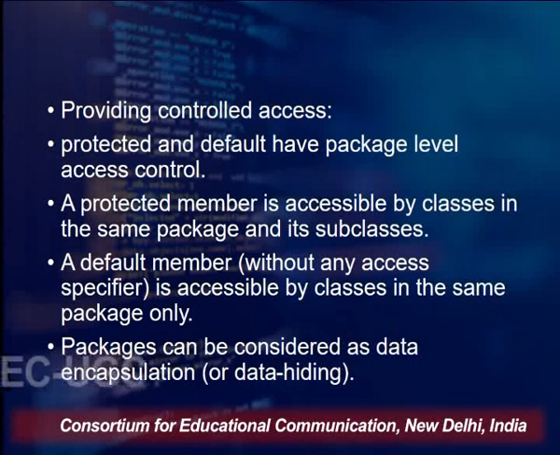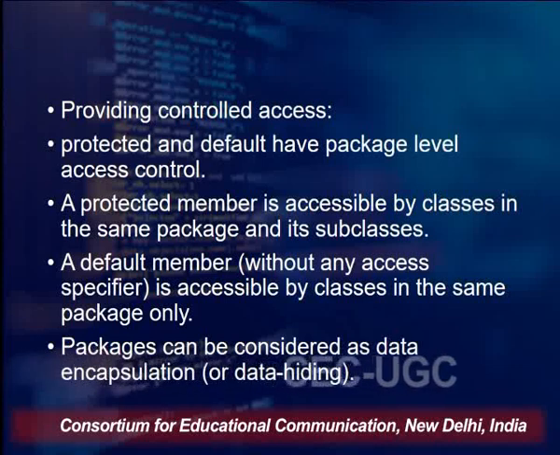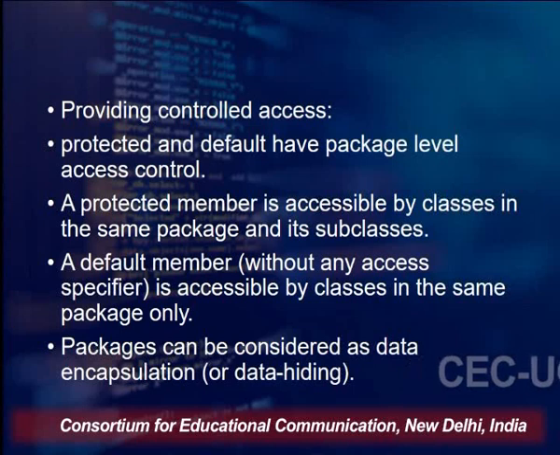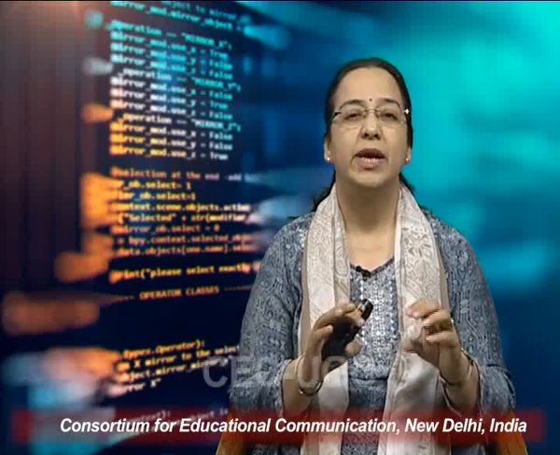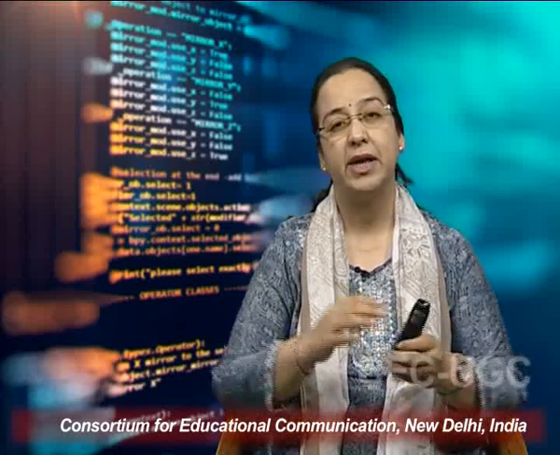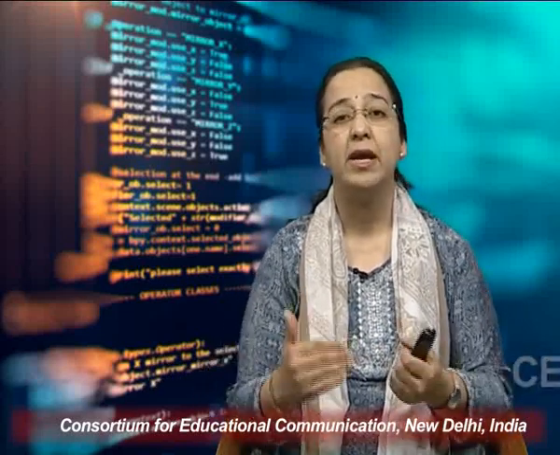How is controlled access provided? I started this lecture with the statement that till this point we have avoided putting access modifiers before many of the class names, because even if we do not provide any access specifier, there is a default access specifier, and that default access specifier has package level access control.